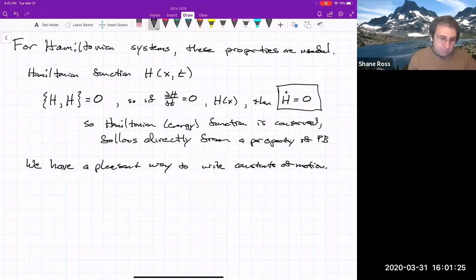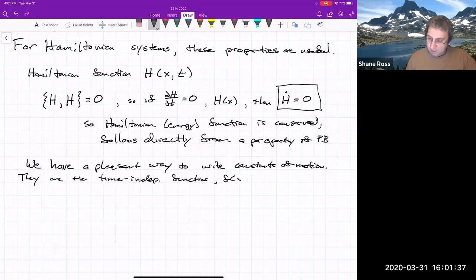So they are the time independent functions f of x such that their Poisson bracket with H equals 0. Well, why is that?